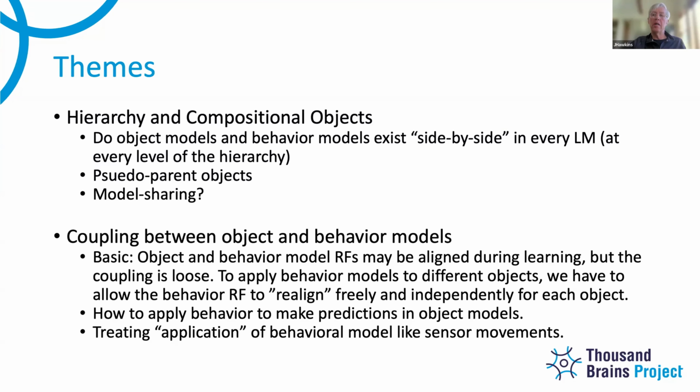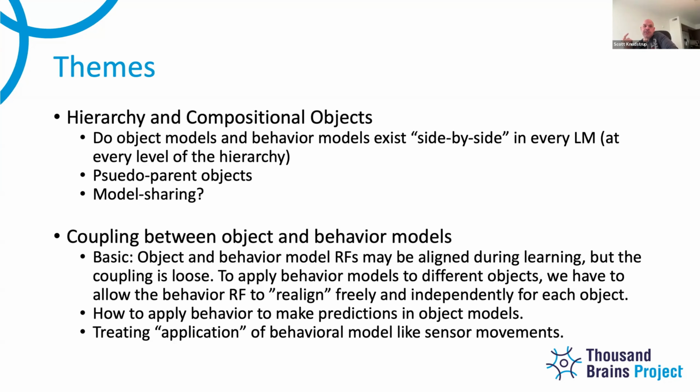In the beginning, we said, in this one learning module, I can have a behavioral model and a morphology model, and they can interact, which seemed natural. But then we ended up thinking, no, the behavioral model acts more on the child objects. So behavior is just describing how child objects move relative to the parent. But it doesn't mean that there are different learning modules. They all have behavioral models.